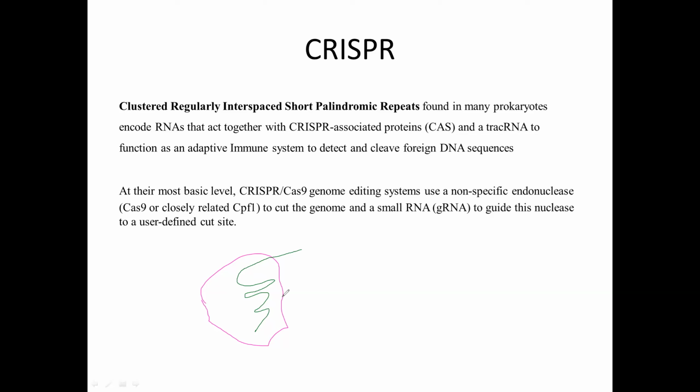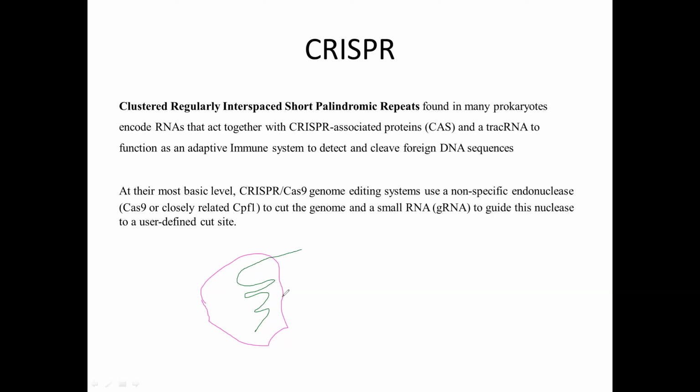The SpCas9 was the most widely studied, and why they chose this organism is because it has the most well-developed CRISPR system. They found nearly 120 unique spacers in the CRISPR locus of S. pyogenes. That is why it became a model organism, and the Cas9 from it was extensively studied.